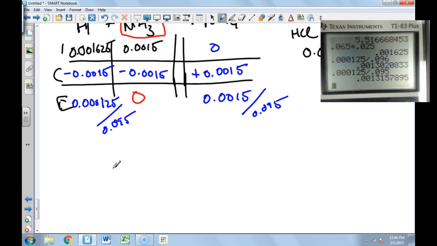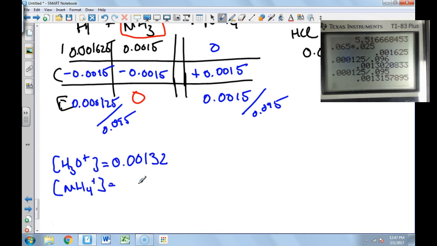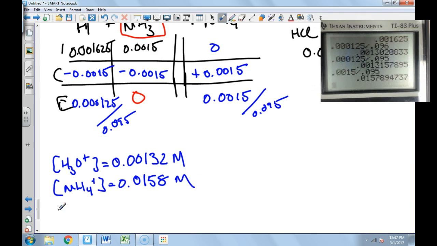And so now the concentration of H3O plus, the acid, at the beginning is 0.00132, and the concentration of NH4 plus equals 0.0015 divided by 0.095, and we get 0.0158. So those are molar, so that's good.